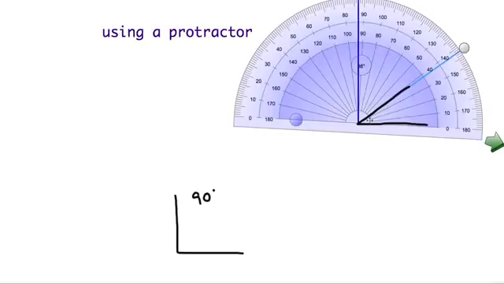There's no way that this angle could be 140 degrees because it is not larger than our angle right here, which is 90. And that's kind of always what we use to determine, is it a smaller angle or a larger angle. We'll do one more, and I'll face it the other direction.